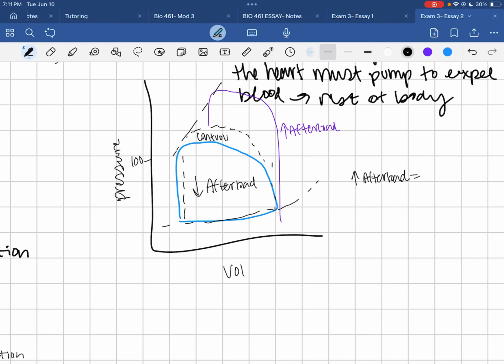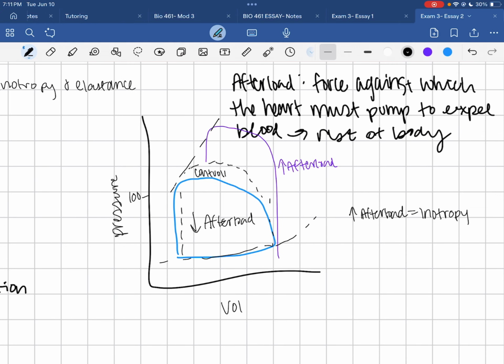And then afterload increases, inotropy stays the same. So an increase in afterload means that inotropy stays the same. And the amount of blood exiting the heart would decrease.